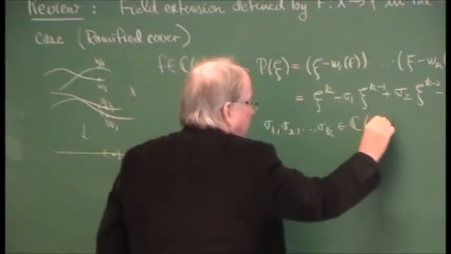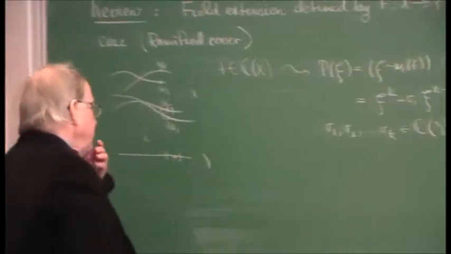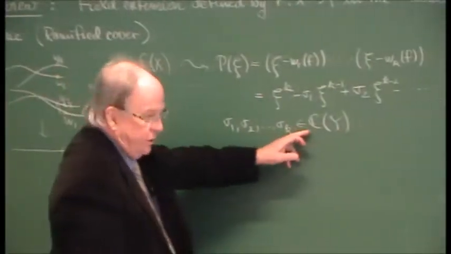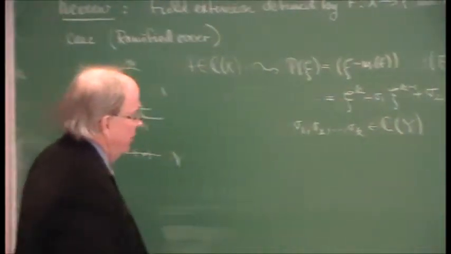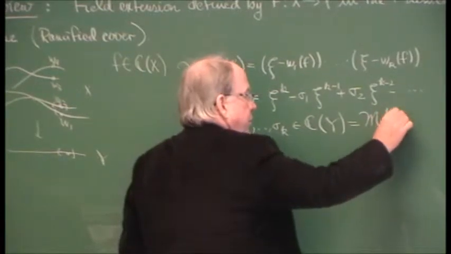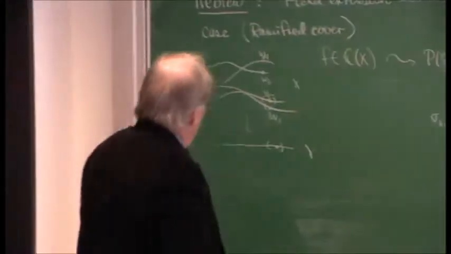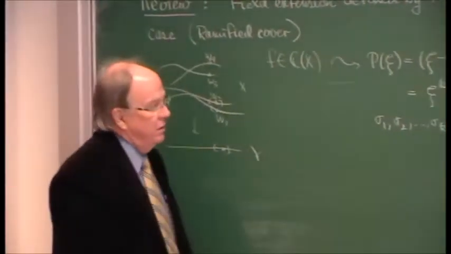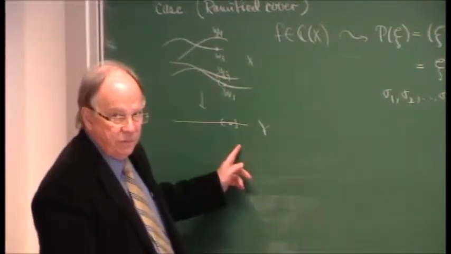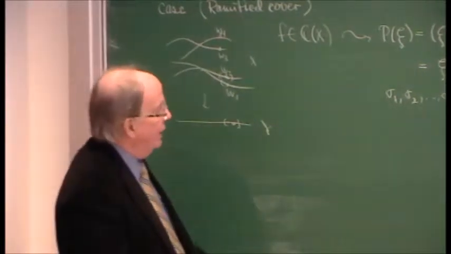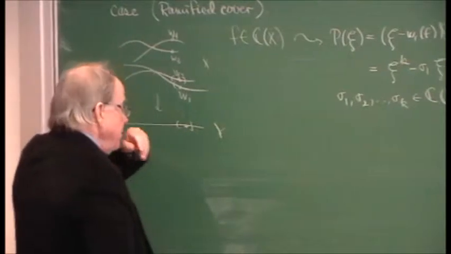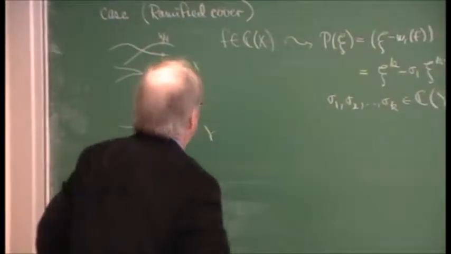So the base was Y. This morning I introduced this notation, just round brackets, for the meromorphic functions, so I will use that notation. So that says every function upstairs is algebraic over the function field of the base, and algebraic of degree at most k, where k is the degree of this map.